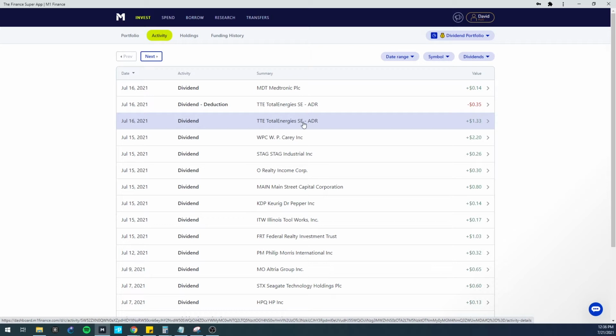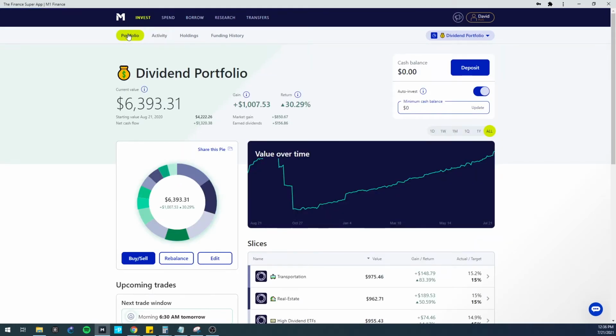I got paid roughly 98 cents and 14 cents, so that was $1.03 in dividends from Total Energies as well as Medtronic. So the day after, or at midnight, if I looked into my account, I would see $1.03 as far as my cash balance goes.